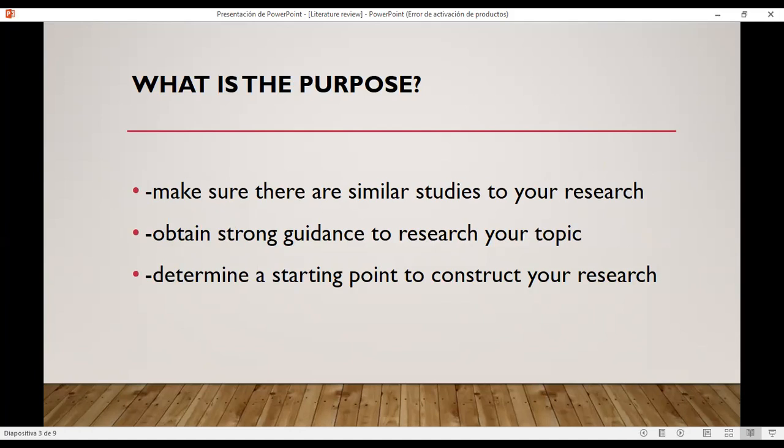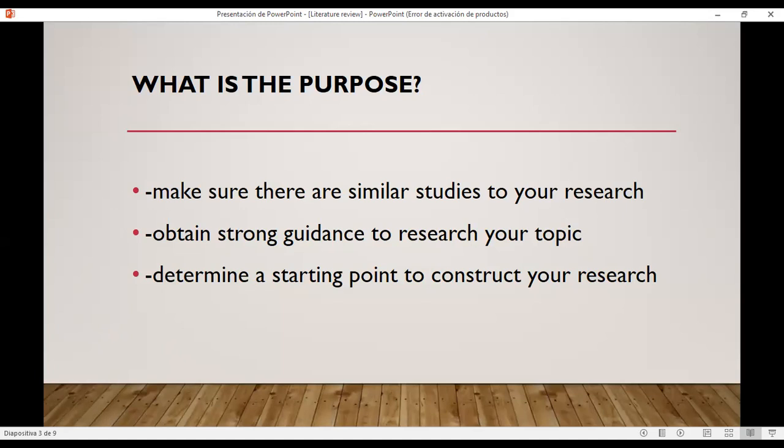We always need something. Even with limited, restricted resources, we can find something and it's going to be helpful. In that way, we have the basis, the guide to follow, to continue to the next step in our topic.